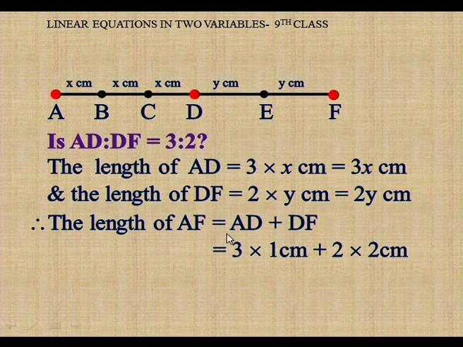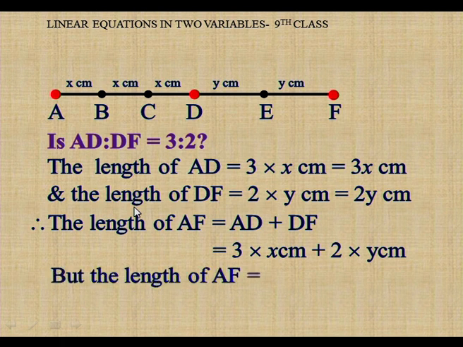Now, the length of AF, what does it become? Please see, 3 into x plus 2 into y. But we have observed in the previous case that the length of AF is equal to 7 centimeters. So, if I want to make it equal to that, I will write it as 3x plus 2y is equal to how much? 7 centimeters. That means we are writing 3 into x plus 2 into y is equal to 7 centimeters.